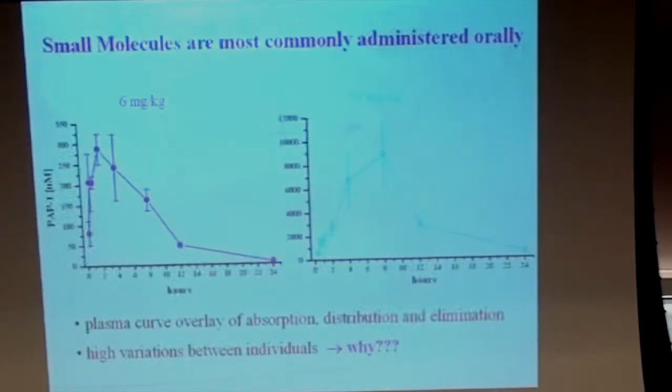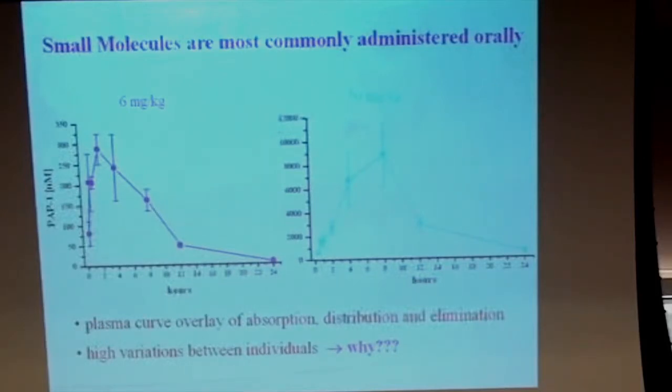We have 50 milligram per kilo. We're getting an absorption phase. We're getting a sort of plateau where absorption and elimination are happening at the same time, and elimination. And the first thing you see here are these huge standard deviations between the different individuals.